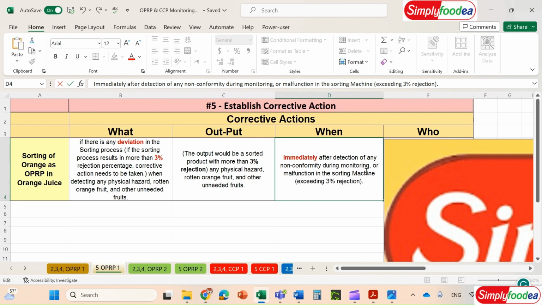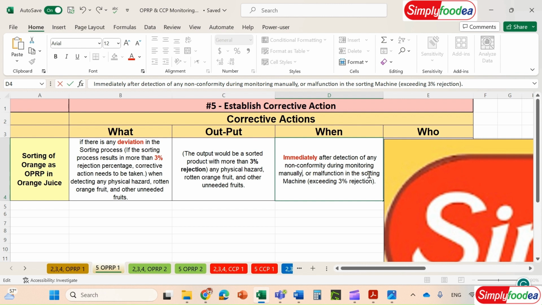So we have two kinds of non-conformity. Either by the people, manually, for example, one labor forgot to sort quantities, or one labor is not responsible for accurate sorting of the product. So we must have an immediate corrective action.